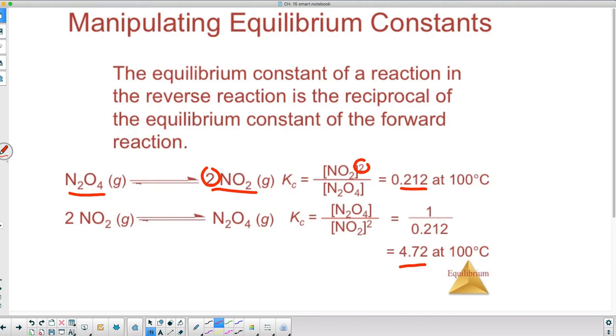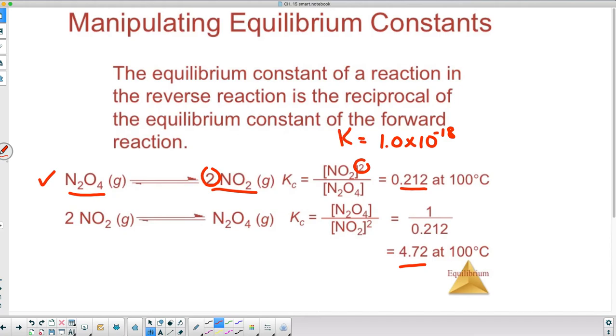So if we're talking about the forward reaction of this one again, the N2O4, is this products favored or reactants favored? Well, K is not very large or very small. Something very small might look like 1.0 times 10 to the negative 18. That would be very, very small for a K value.